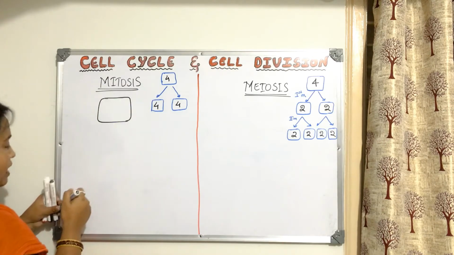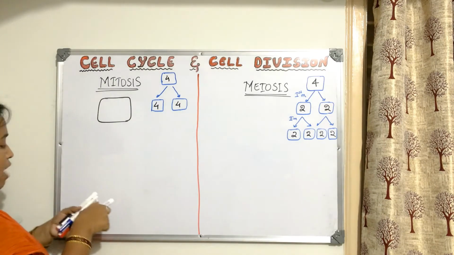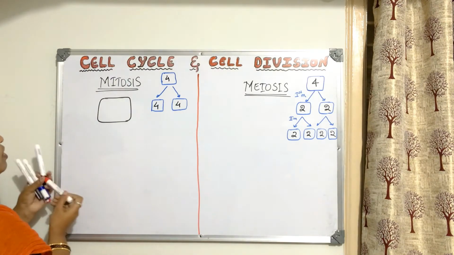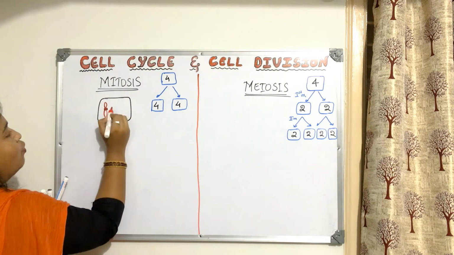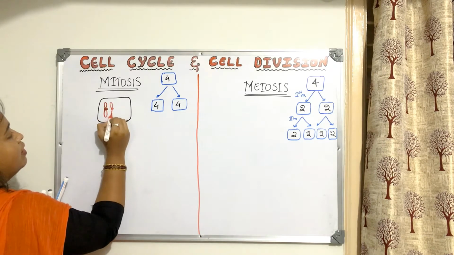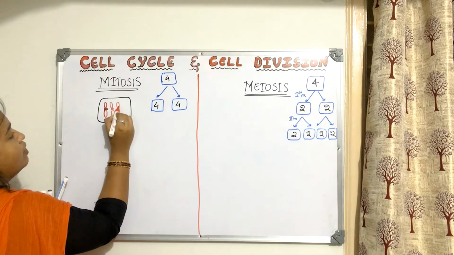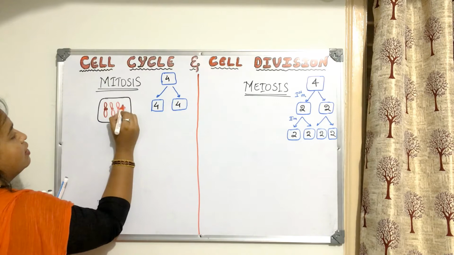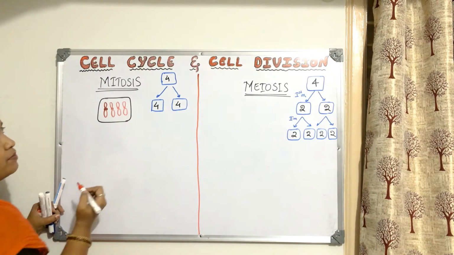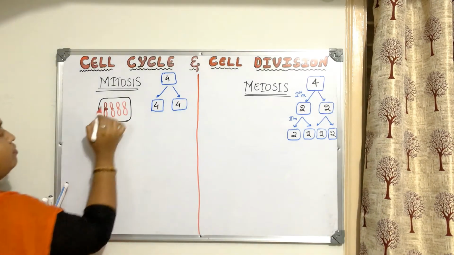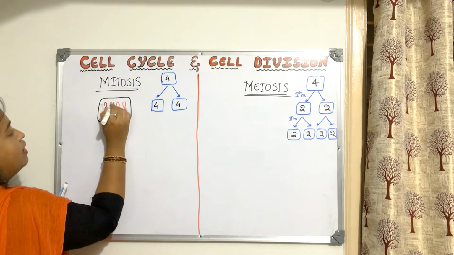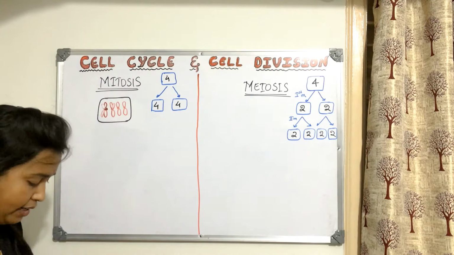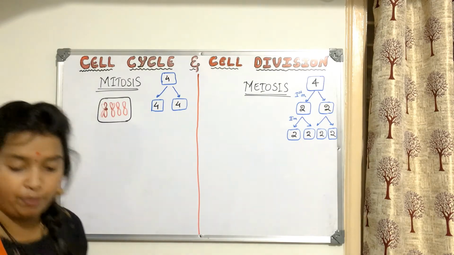How many chromosomes are there? 4 chromosomes. You know chromosomes. 1, 2, 3, 4. Now I'll draw it a little bit bigger so that you people will understand.